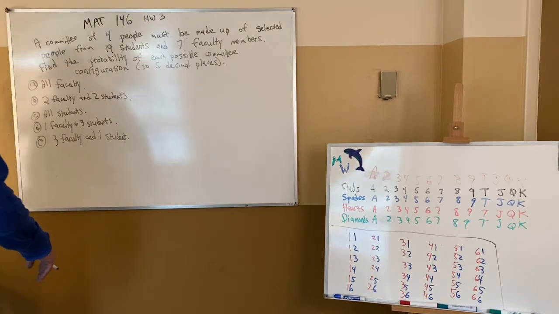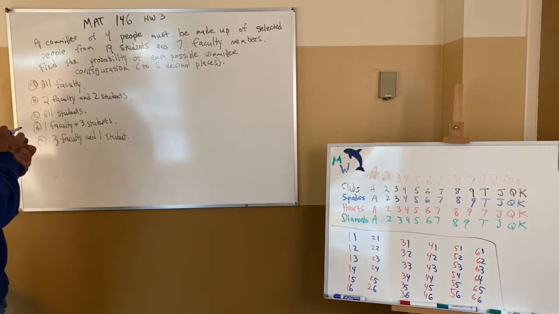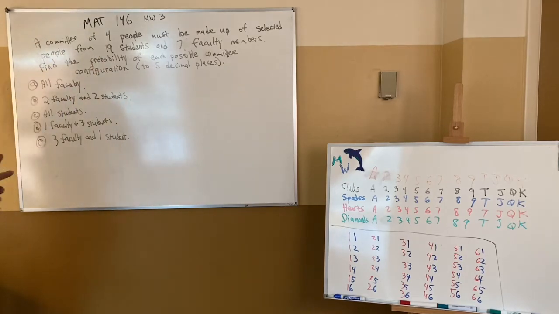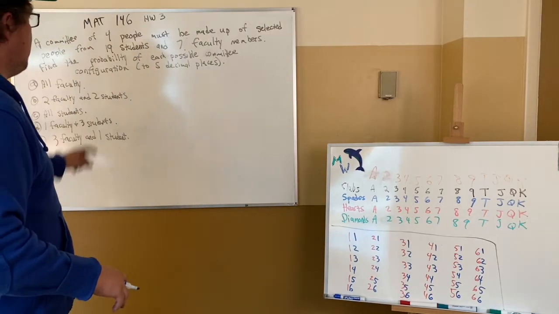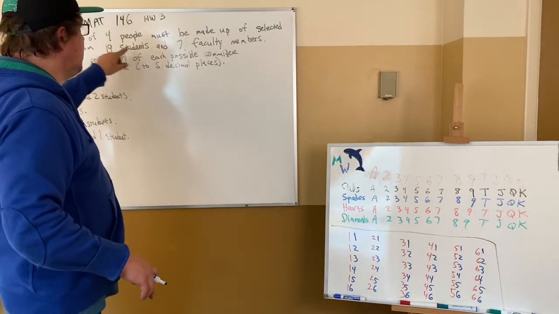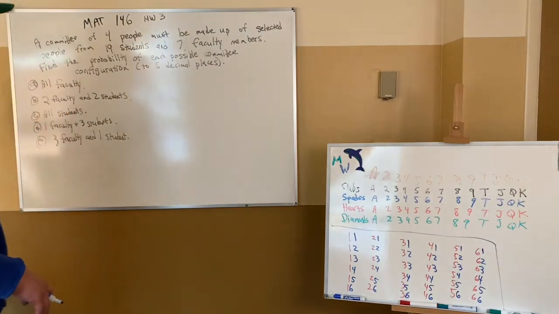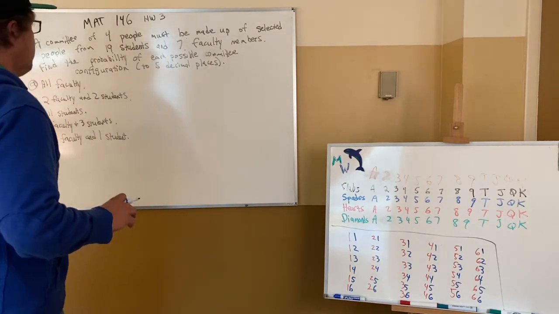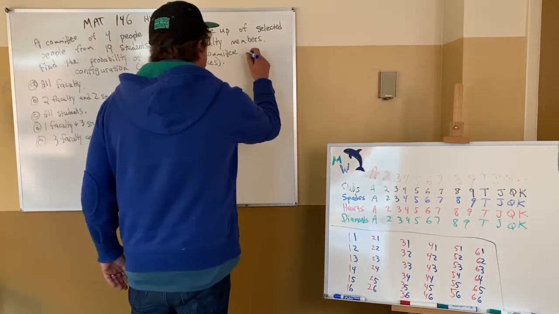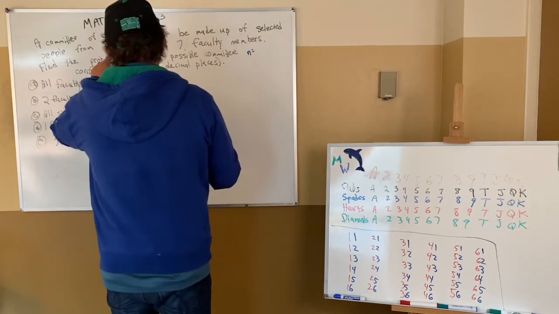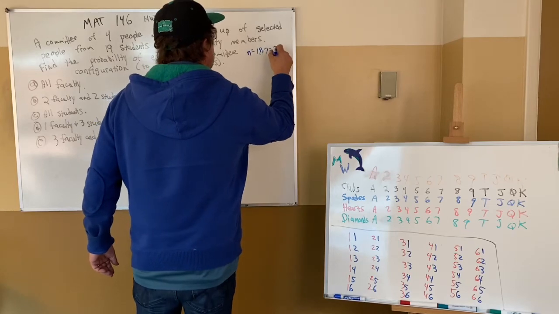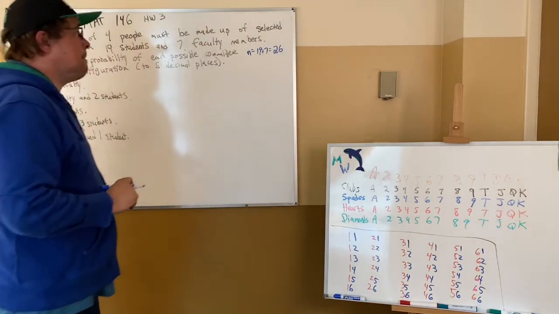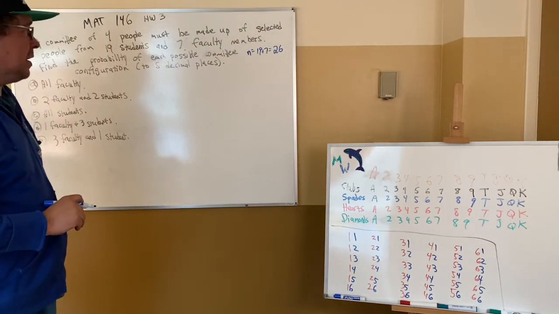Here's the story. We want to find the probability of each formation of a committee on a campus. Now, 4 people are going to be on the committee, and there are 19 students who might make the committee and 7 faculty members who might make the committee. So for the big one, n is equal to 19 plus 7, 26 people to make up the committee.